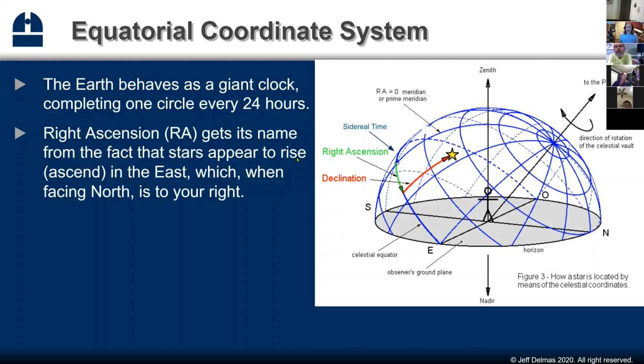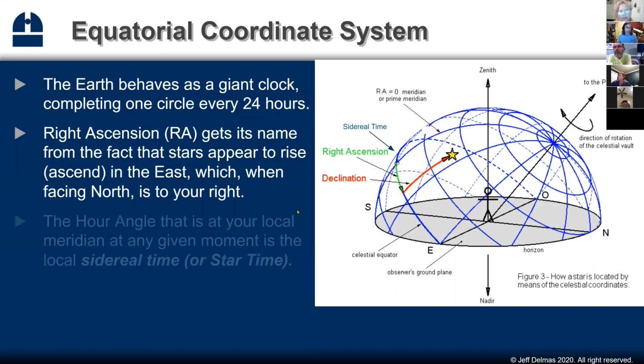So right ascension, it's a funny name, and it gets its name from the fact that if you face north, then everything that comes into view, the sun, the moon, the stars, everything rises in the east, which is to your right. So things ascend on the right as you're facing north.